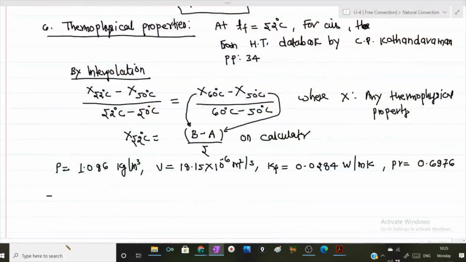After finding out the thermophysical properties, step number 7 is now to identify the boundary condition.